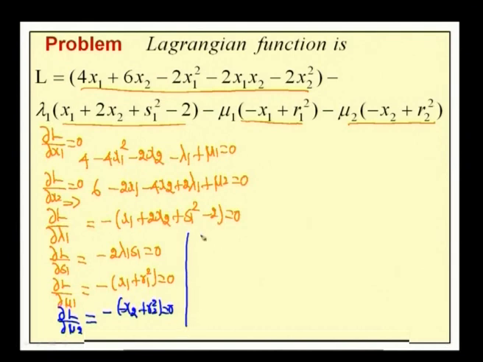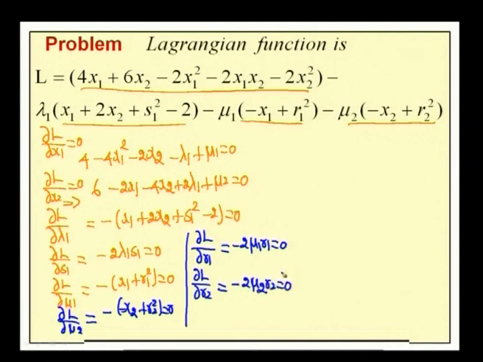The partial derivative of L with respect to r1 gives minus 2 mu1 r1 equal to 0. Similarly, the partial derivative of L with respect to r2 gives minus 2 mu2 r2 equal to 0.